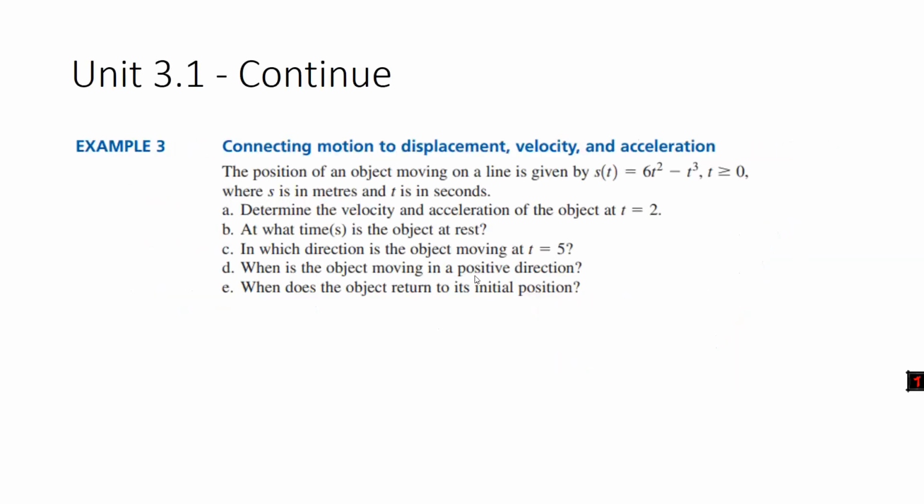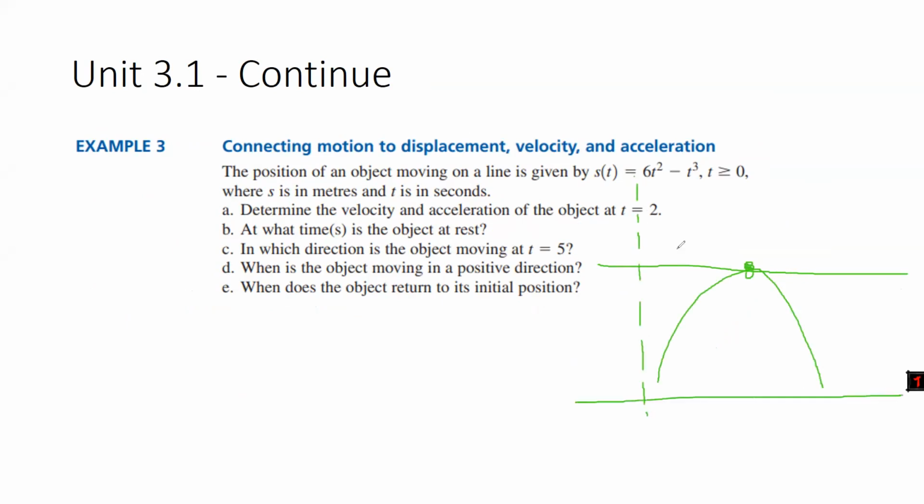When is the object moving in a positive direction? I think right now we can pretty confidently say from 0 to 4. To solve it, I would plot this graph first. Let it be something like this. I'm not exactly sure where it passes the x coordinate, but I know one thing for sure, that at time 2, the velocity of the object equals 0.